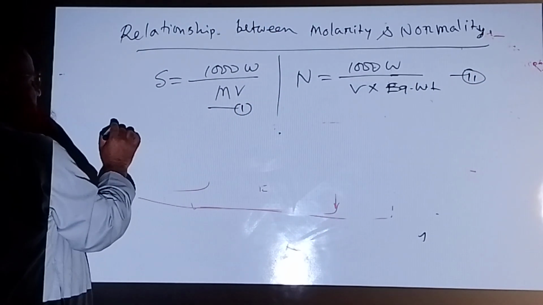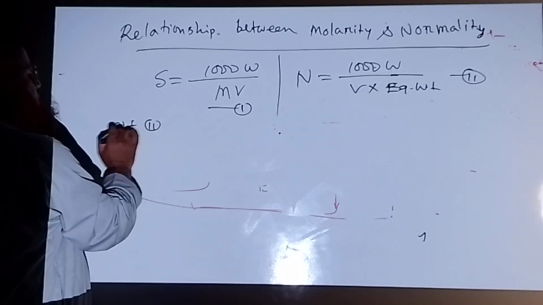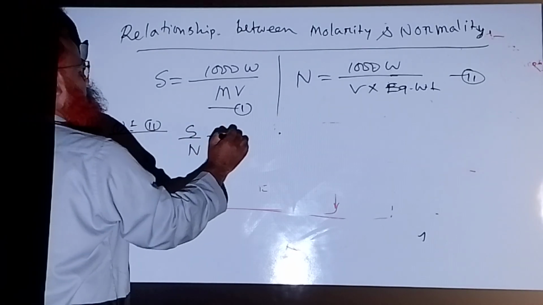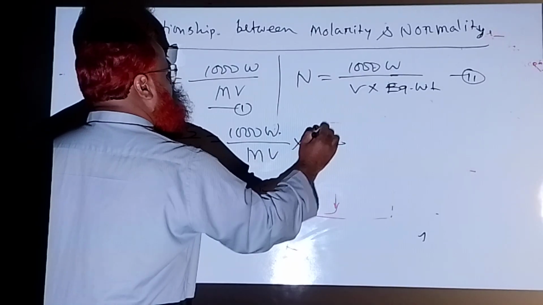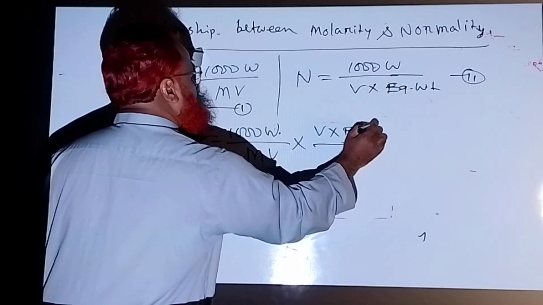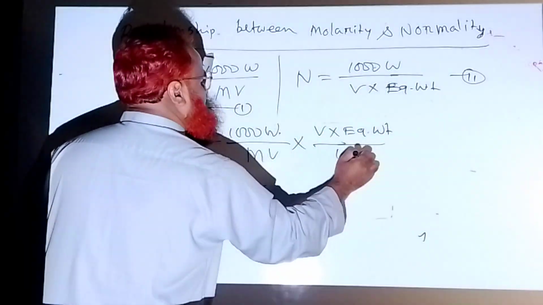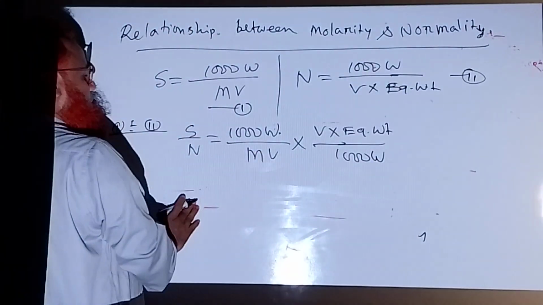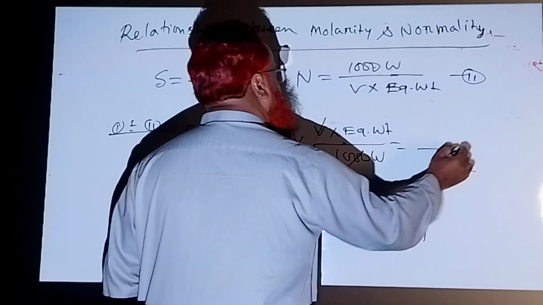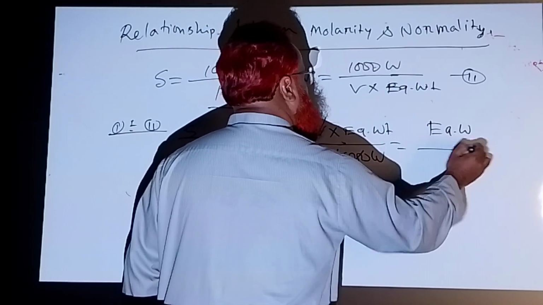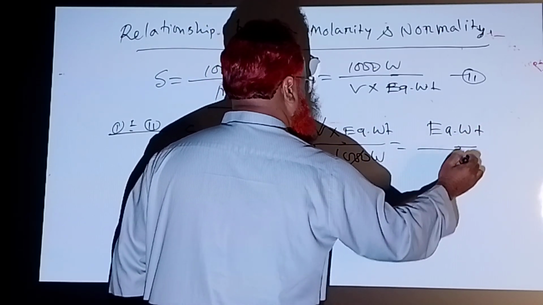So, divide 1 by 2. So, S by N equals 1000 W over M into V, times V into equivalent weight over 1000 W. So, V and V cancel. So, equivalent weight divided by molecular weight.